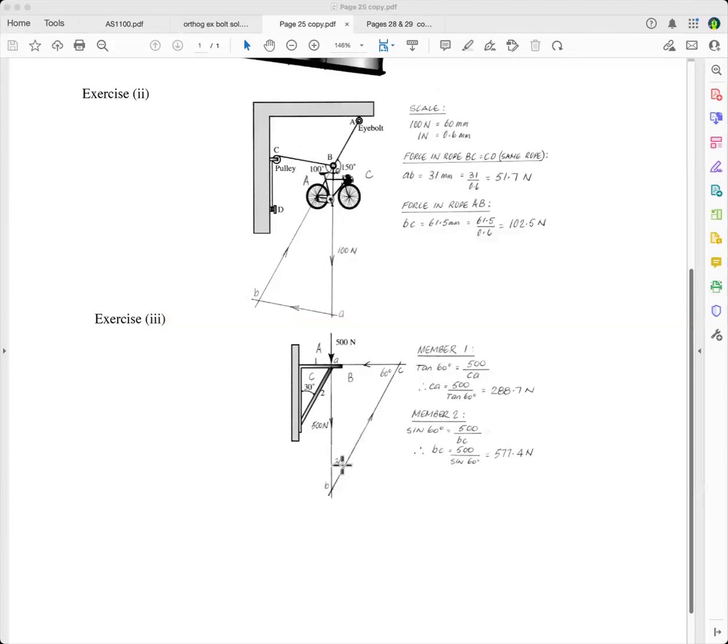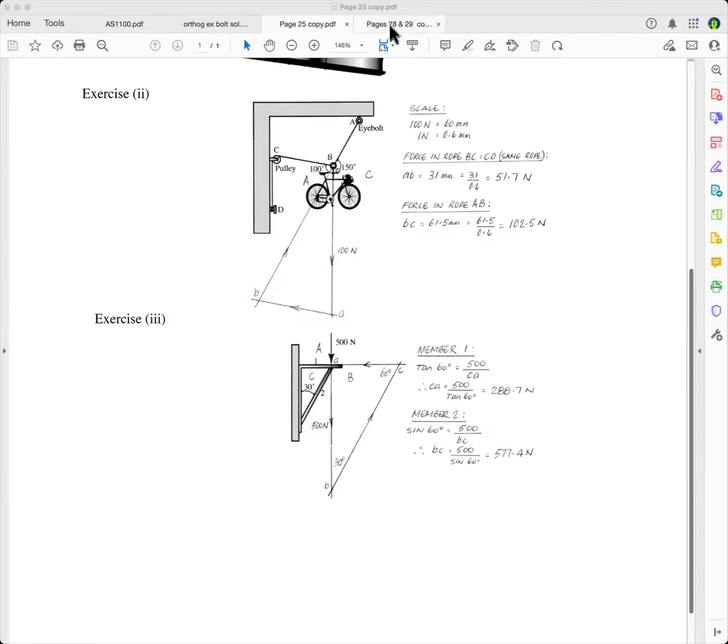And so as you go around, the arrow tells you that it goes anti-clockwise. And so that will tell you what the force is in these members here, and the sense of it. When we do trusses, I'll be showing you how to work out what these forces are. So that's how you do those that you asked me to go over.